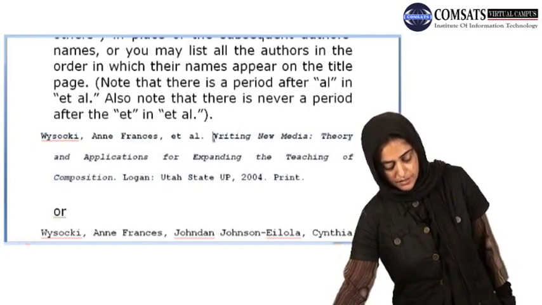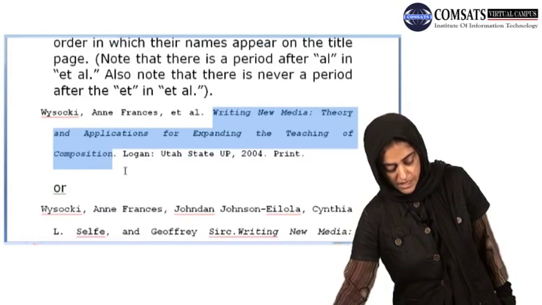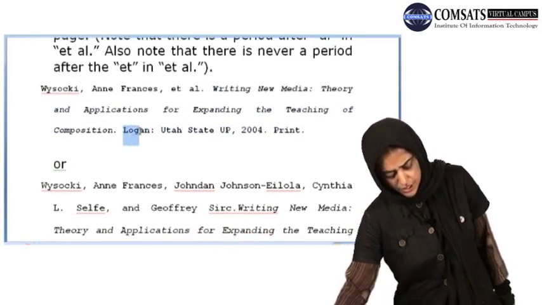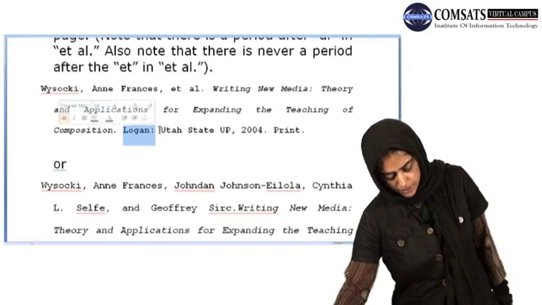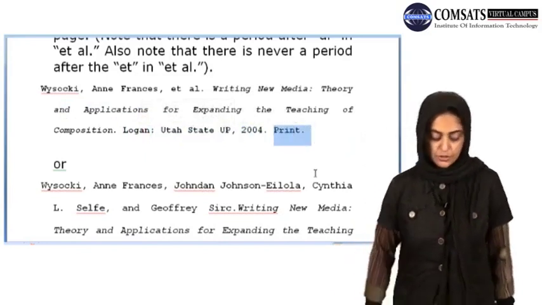Here, this is italicized. That means it's the name of some longer work, might be a book. Then, dear students, you find here there is a dot. After it is the city of publication, then a colon, the name of the publisher, then the year of publication, and then the medium of publication.